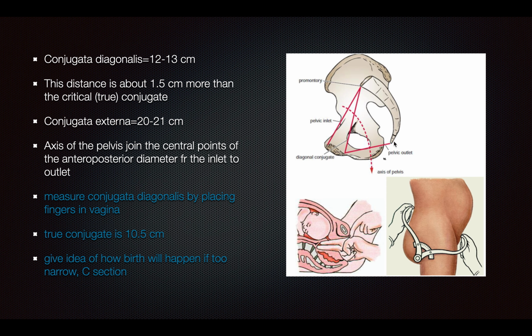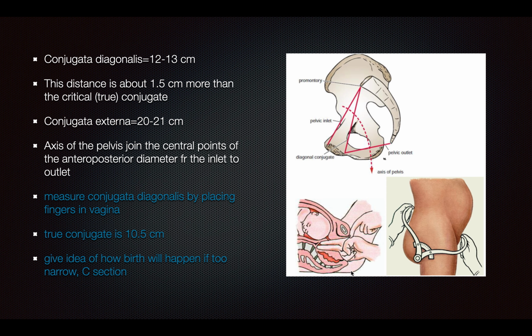There you go. You can measure the conjugata diagonalis by placing the fingers, as you can see, in the vagina and measuring how long your fingers are in relation. This is not really common anymore.